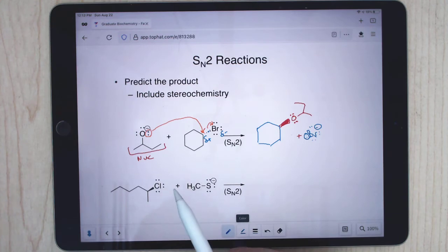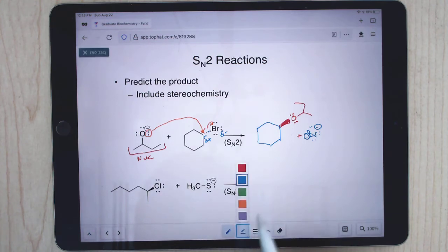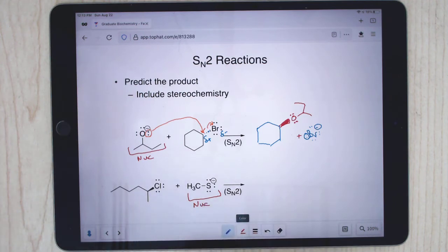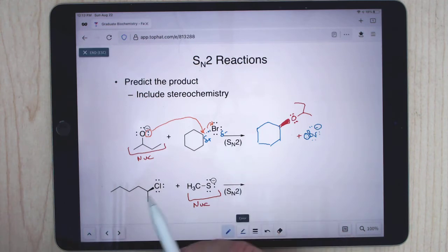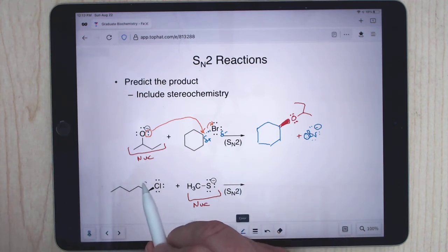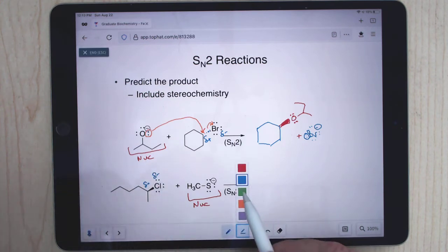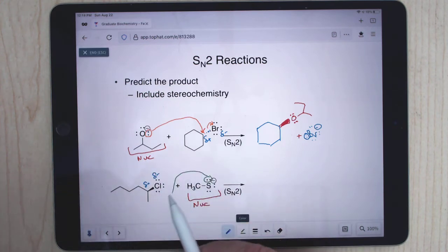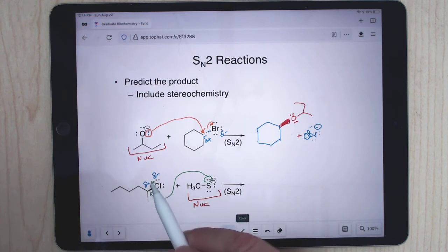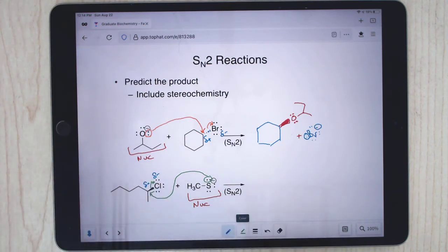Now for this one below, again, this is going to be the nucleophile, because sulfur's a pretty good nucleophile with a negative charge. That means we're looking for the polar covalent bond on the electrophile, so it'd be here. We're going to attack here and push this away. Since the leaving group, the chlorine, is pointed towards us, we have to come in from behind.